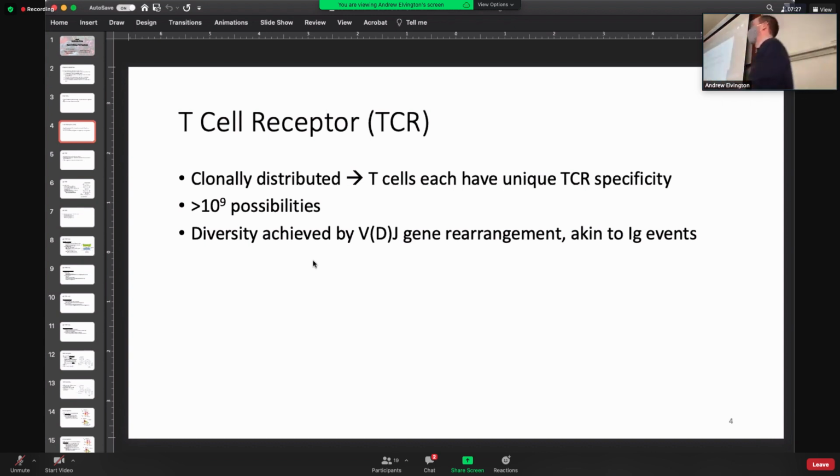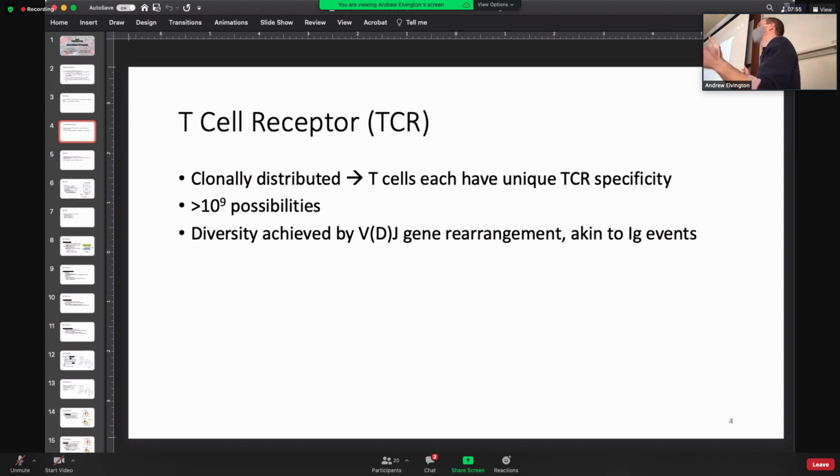And just like B cells, if I were to take one B cell from my blood, how many antigen specificities would that B cell have? How many different antigens could it bind? Just one, right? One B cell equals one possibility. For T cells, the same holds true. One T cell can see one epitope, one type of antigen.